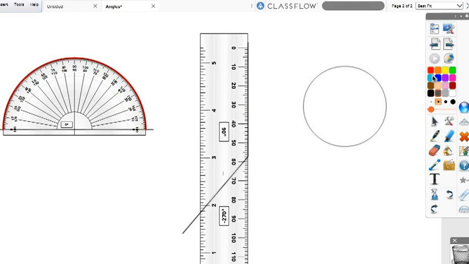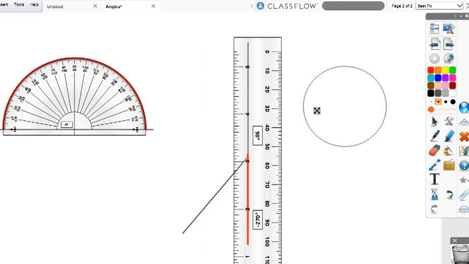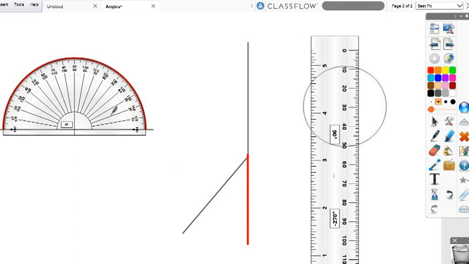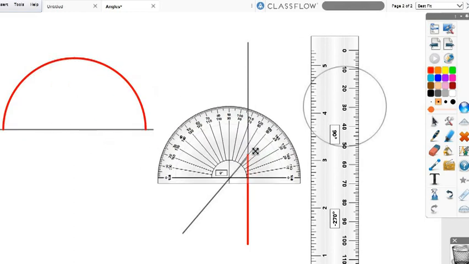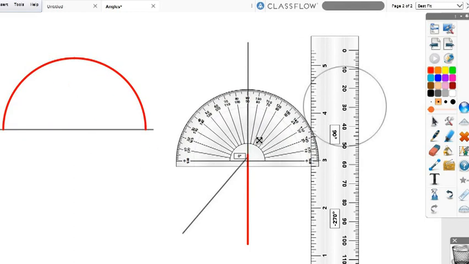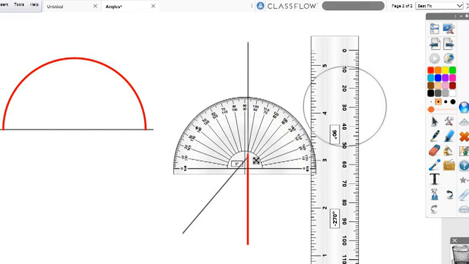Now we come here, we draw our line. Good. Having used that ruler, you place it aside. We now use our protractor to continue.